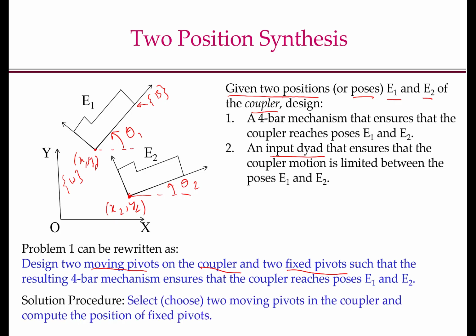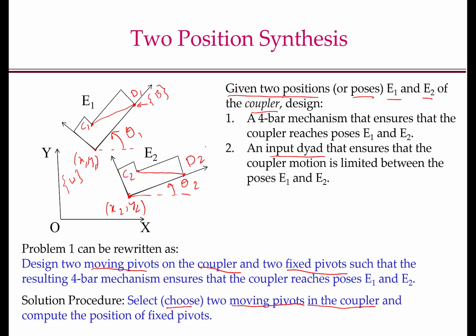Our strategy to solve problem 1 will be to select or choose 2 moving pivots on the coupler and compute or graphically construct the position of the fixed pivots. For example, we can say let this point and this point be my moving pivots. In the second configuration E2, it will look like this.